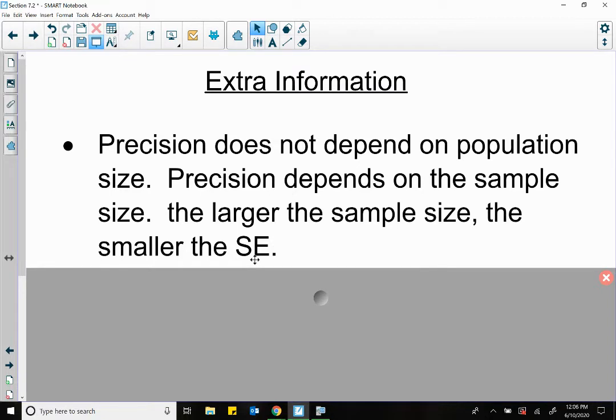The larger we make our sample size, the smaller our standard error is going to be. Okay? The better the precision. All right? So that's important. Large sample size is good because that creates a smaller standard error for us.